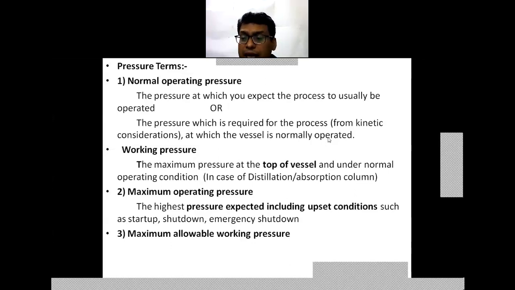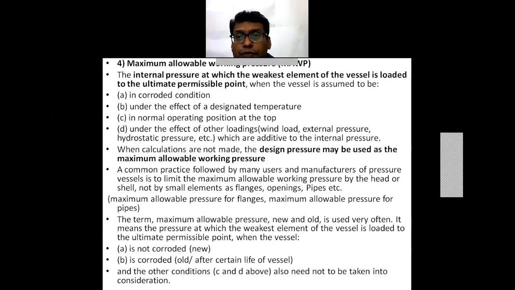Then next is maximum allowable working pressure. This is the internal pressure at which the weakest element of the vessel is loaded to the ultimate permissible point.